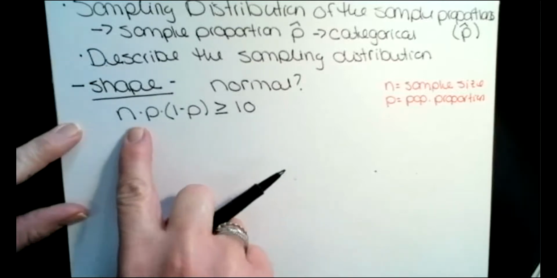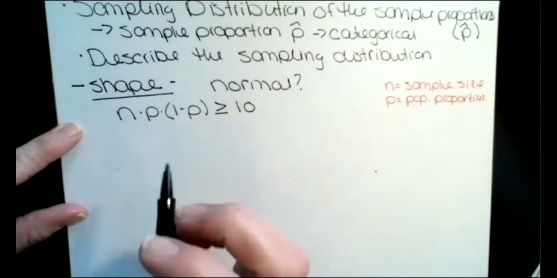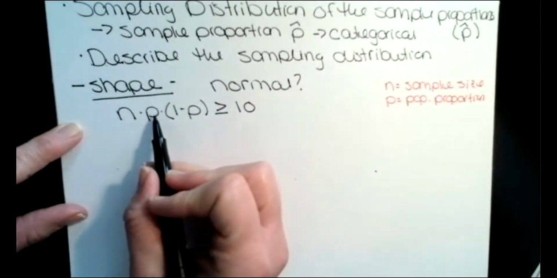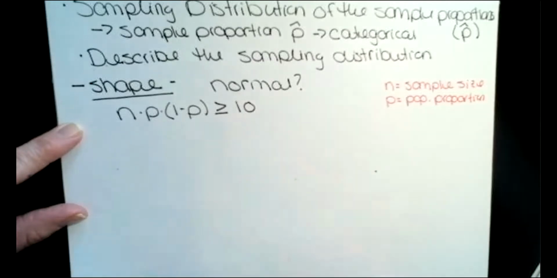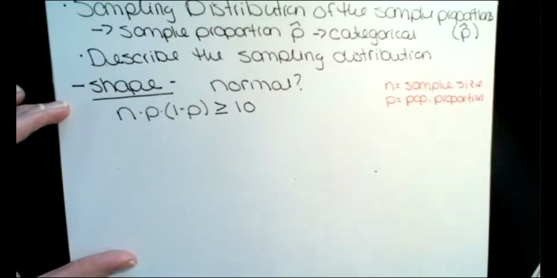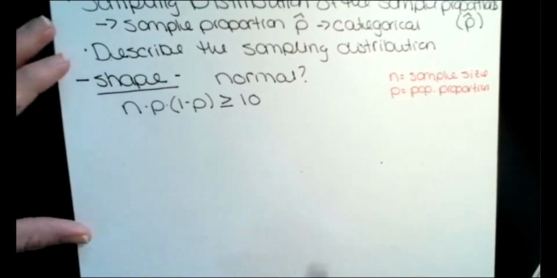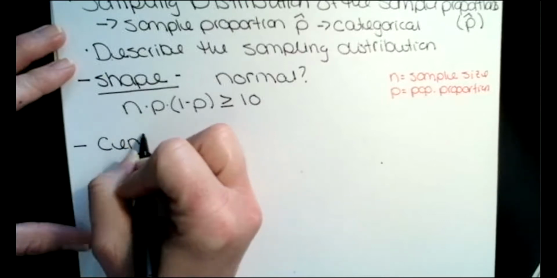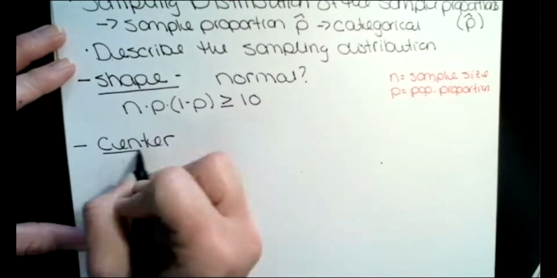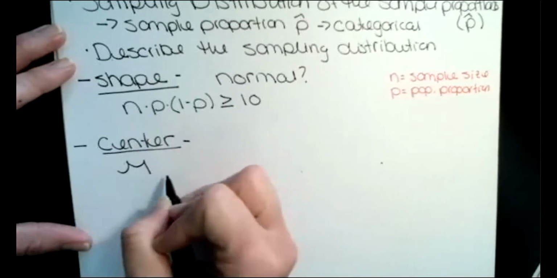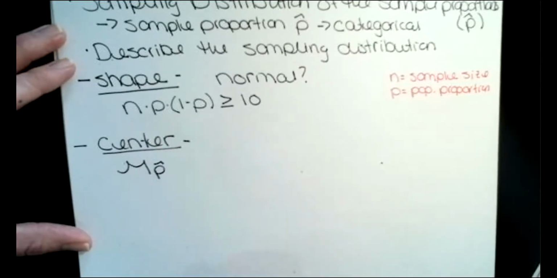So we only have this calculation. Remember, for sampling distribution again, we have information about the population, and that is why we have P, and we're trying to see what's going on with P hat. So now let's talk about the center, and it's very similar to the numerical side of things. For the center, it's the mean of all the P hats.